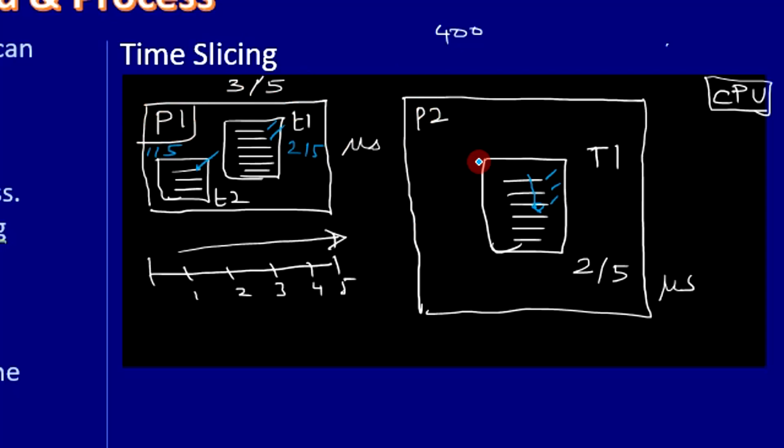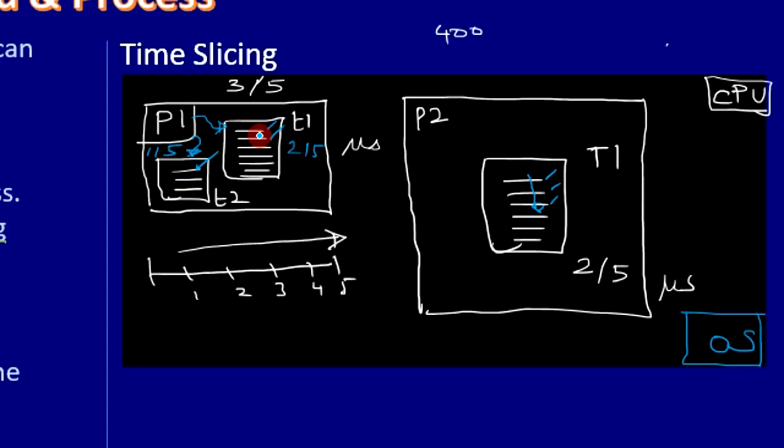P1 and P2 are two different processes, and the slicing, or the parallel running of tasks, is managed by the OS. So whether it is Windows 10 or Windows Server, whatever, the OS itself knows how to do the time slicing. But let's say this is a user program P1, and here we can create or spawn two different threads, or two parallel executions.